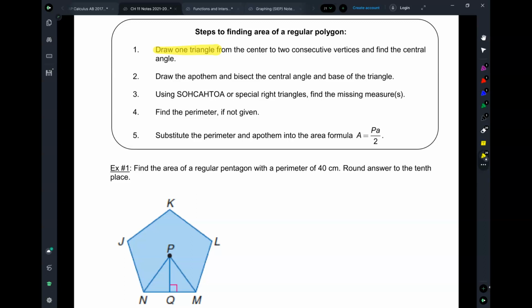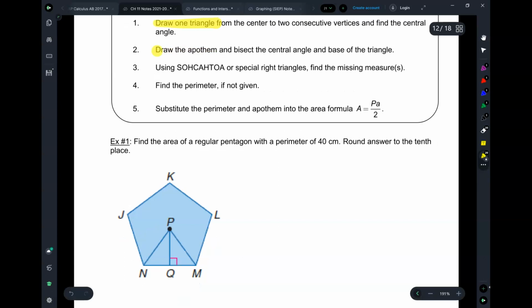And we usually like to draw that bottom one because the triangle is right side up. Okay, now, next you want to draw the apothem and bisect the central angle and the base of the triangle. We're going to use SOHCAHTOA, or special right triangles, to find all the measures. And once you've got all the measures, you find the perimeter, you find the area, we're done.